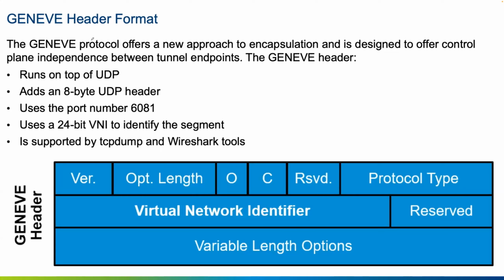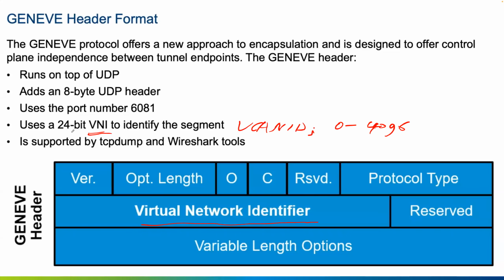When we look at the Geneve header format, we can see there is a 24-bit VNI. VNI is kind of like the VXLAN VLAN ID. Everybody knows that VLAN ID ranges from 0 to 4,096, so the maximum is about 4,000 VLANs you can use.